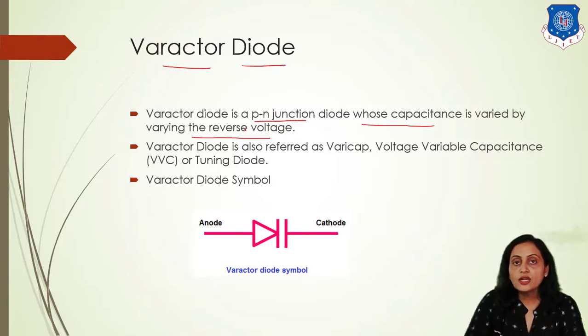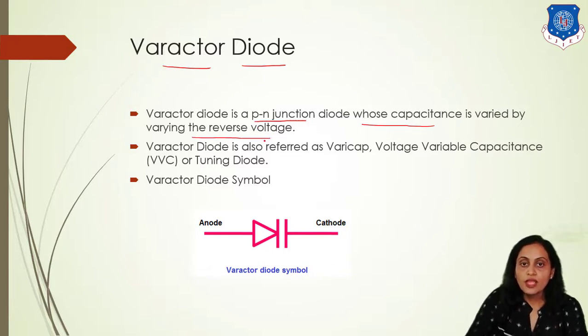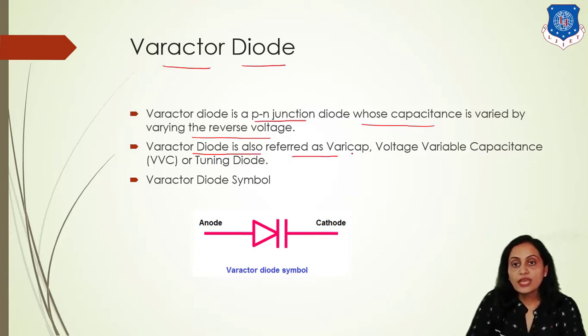Now if we want variable capacitance, then we have one more semiconductor diode, that is the varactor diode. Varactor diode is also referred to as varicap, voltage variable capacitance, that is VVC, or tuning diode.